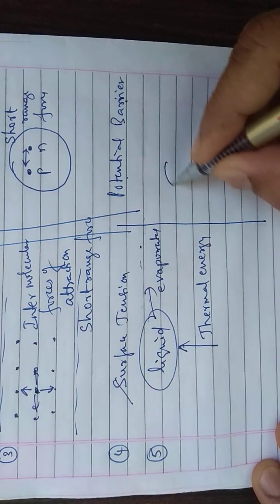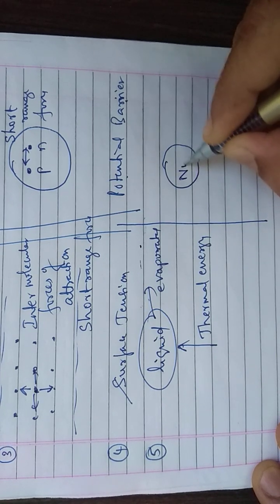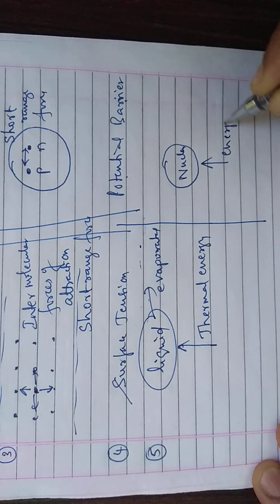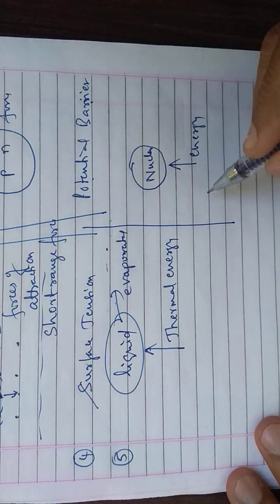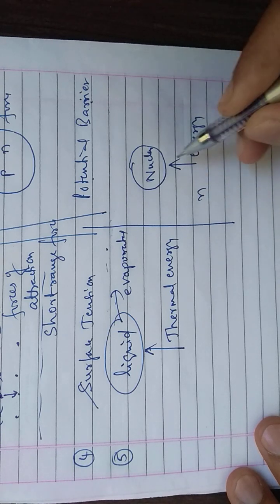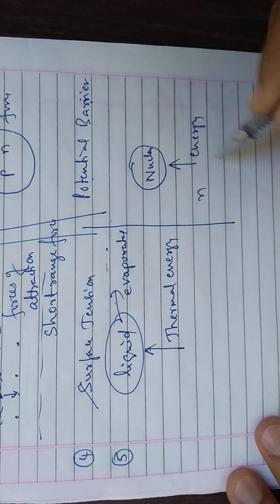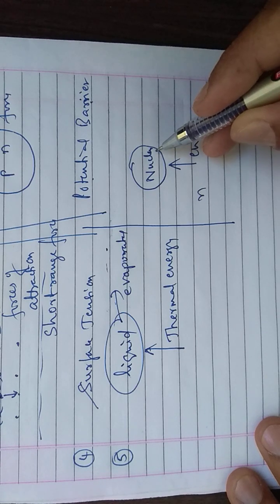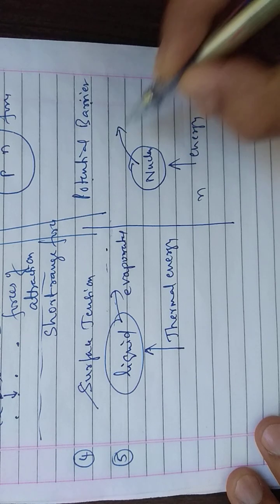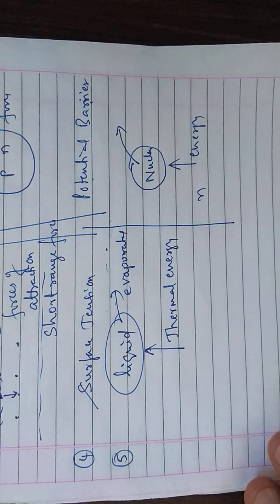Here, let us consider there is a nucleus present. If you supply energy from outside in the form of maybe a neutron, a thermal neutron, slow neutron like that, to this concerned nucleus, it is going to emit some radiations.